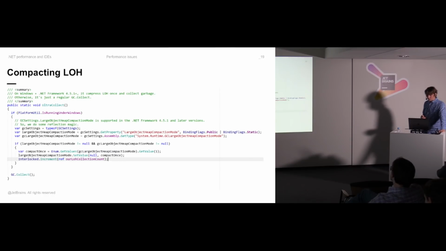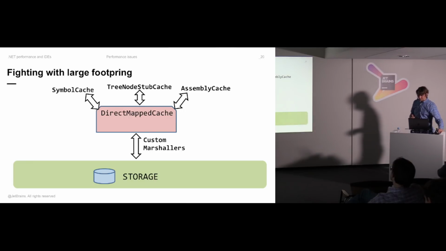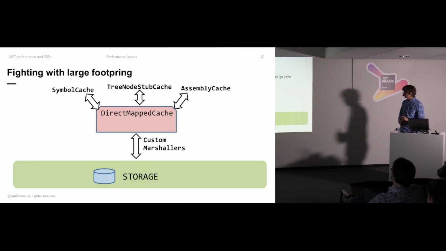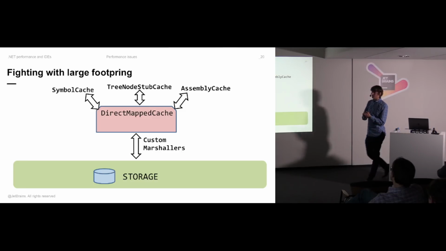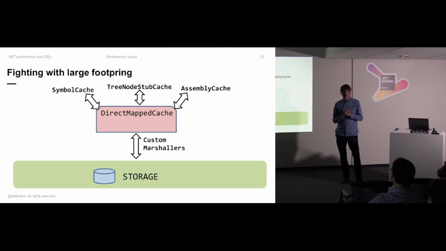Another thing you can do to reduce the footprint is storing your objects on a disk. How many of you have heard about LevelDB, for example? LevelDB is a key-value storage made by Google. There are a bunch of other key-value databases.